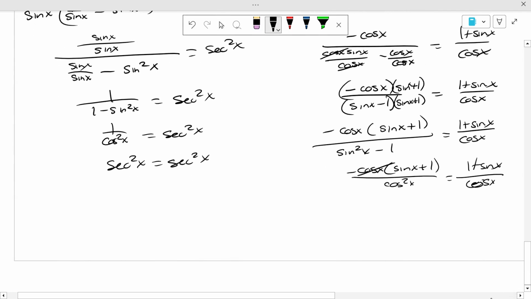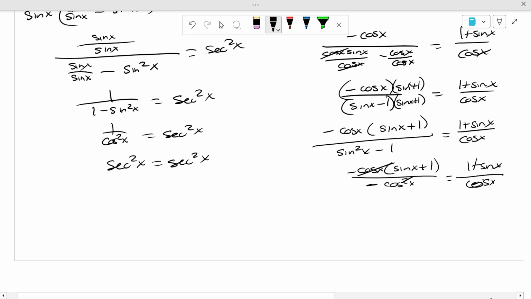So 1 cosine from here cancels with 1 cosine from here. Uh-oh. Oh, that's what happened. Sine squared of x minus 1 is not cosine squared of x.